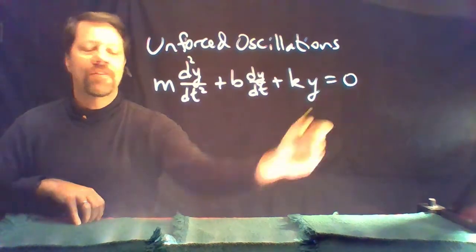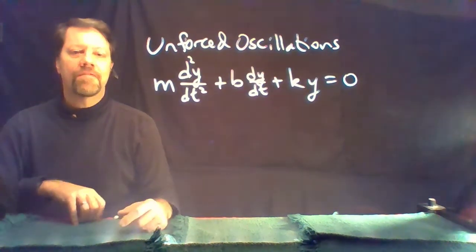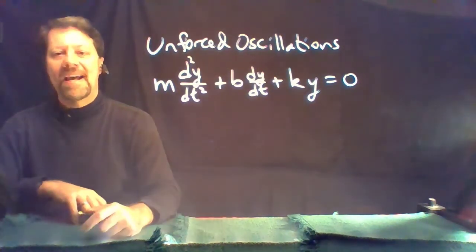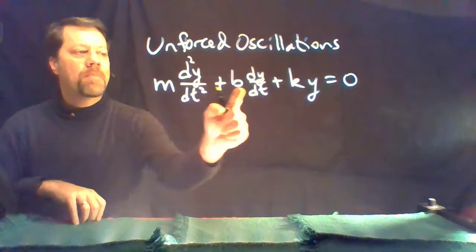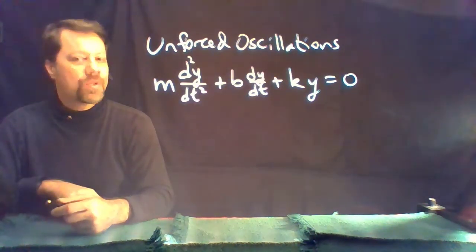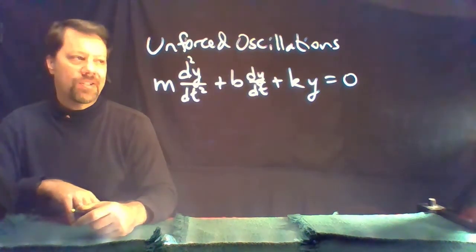The fact that we have no external forcing function implies that this is unforced. But we are allowing for resistance, a spring constant, and a mass. M, b, and k must all be positive, let's say, or 0 at worst. M has to be non-zero.